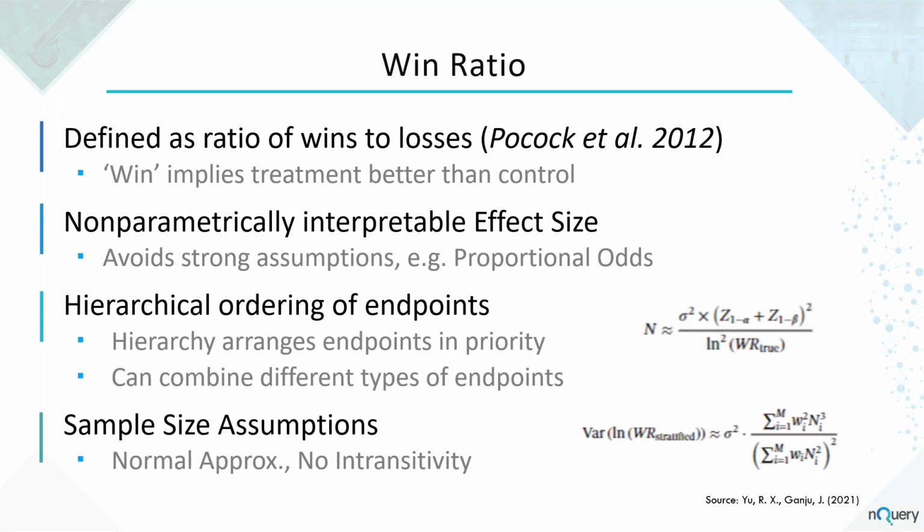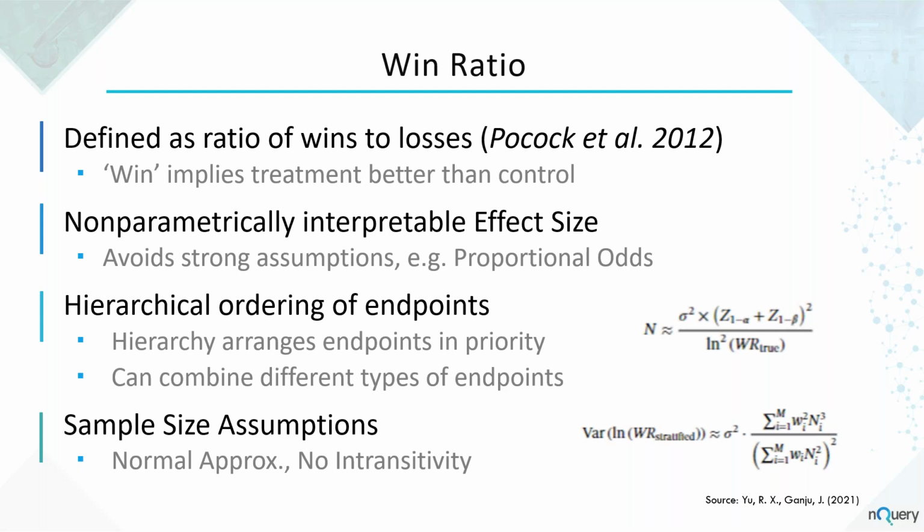Okay, so what is the win ratio? I mentioned it briefly earlier, but it's basically defined as the ratio of wins to losses, and it was first proposed by Pocock et al. in their 2012 paper. So a win implies that a subject from a treatment group gives a more favorable outcome than a subject in the control group.